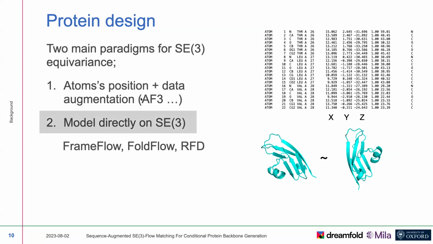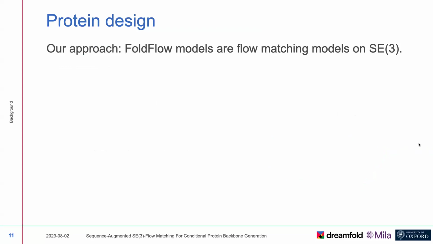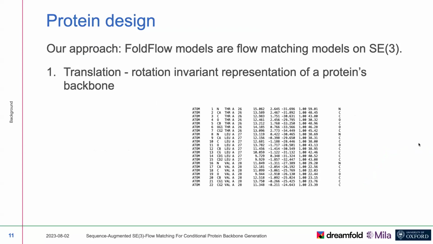So yeah, FoldFlow, we fall in this category and directly model on SE(3). So it's a flow matching model designed on SE(3). So the first thing we do is to create a representation of an instance of a protein so that the representation is translation and rotation invariant. And then we use flow matching.